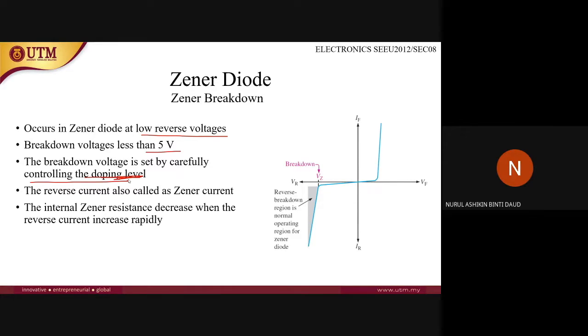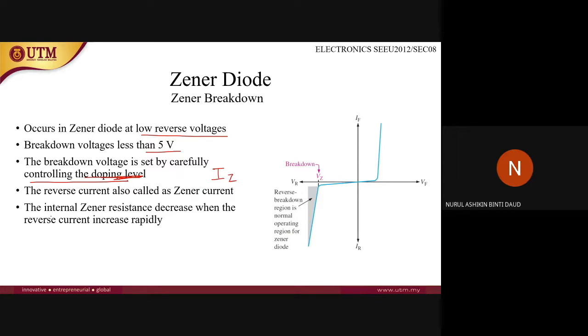At a certain point of the doping level, the current can flow after the breakdown voltage, so it will create a Zener diode in that condition. The reverse current is also called the Zener current, and it is represented as IZ.